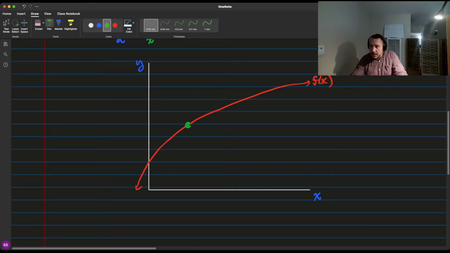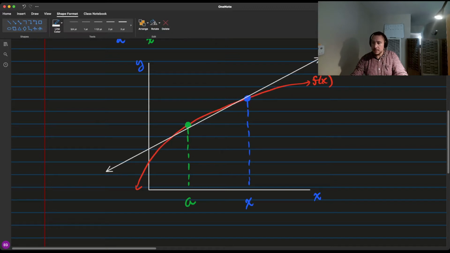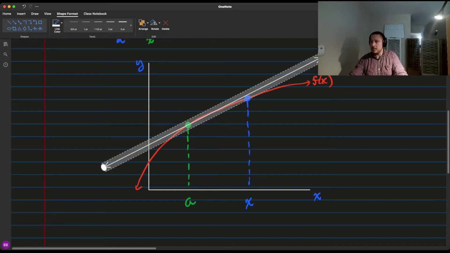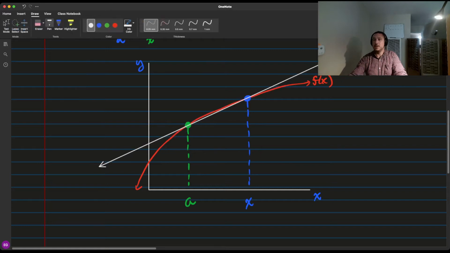Here is your point A. Here is your point X. The secant line between them looks something like this. Okay. So there's your secant line.